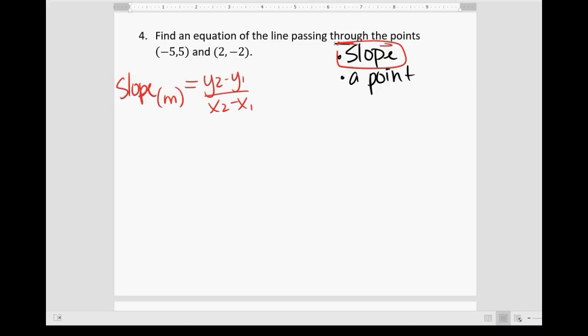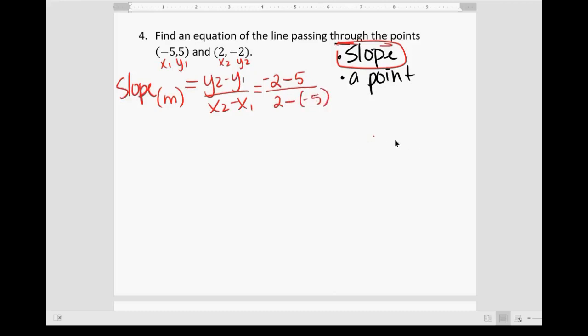It may help you to label your points. We'll call this x1, y1 because that's the first point. This can be x2, y2 because that's the second point. So y2 will be -2 minus y1, which is 5, divided by x2, which is 2, minus x1, which is -5.